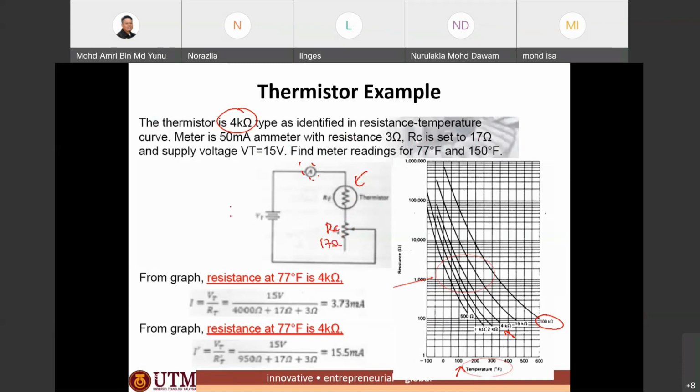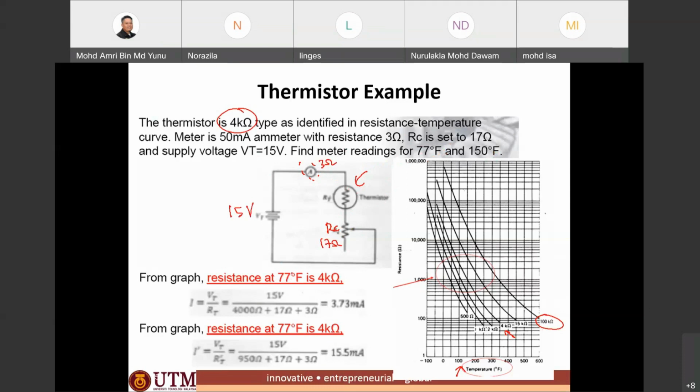The supply is 15 volt. Find the meter reading for 77 degree Fahrenheit and 150 degree Fahrenheit.